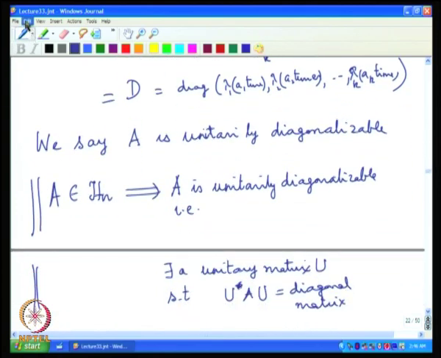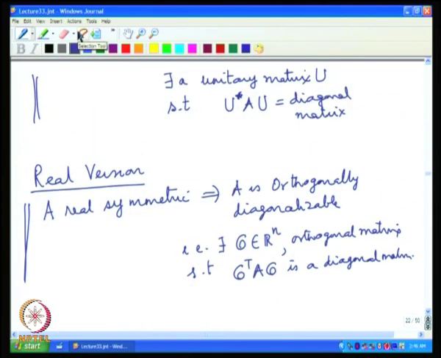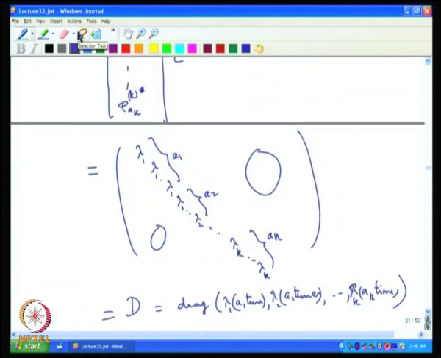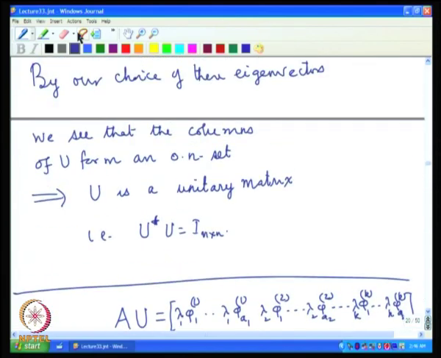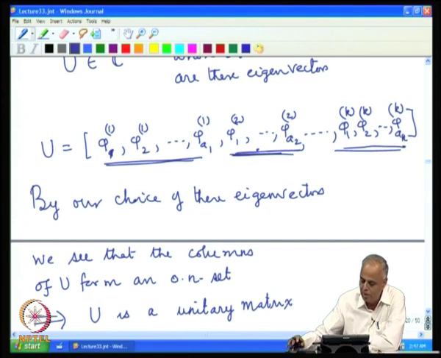Therefore, to construct this U D U star, D requires only the eigenvalues, and the matrix U, you may recall, we have constructed using the eigenvectors. So, the two ingredients required to make this decomposition of the given matrix into a product of three simple matrices are precisely the eigenvalues and the eigenvectors, and that is why the eigenvalues and eigenvectors play an important role in analysis of a matrix.